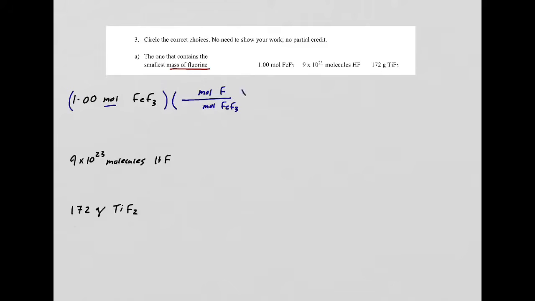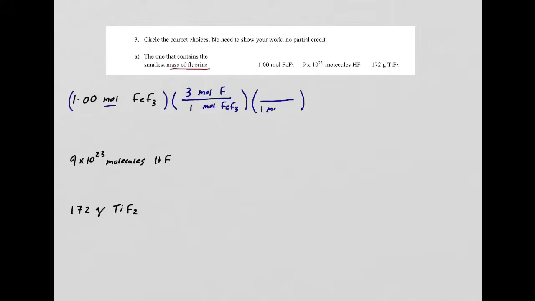All right, so what is my mole ratio here? For 1 mole of FeF3, how many Fe do you have? How many F do you have? You have 3 F. So in 1 mole of FeF3, you have 3 moles of F. So far, so good. Again, you can stop here and compare the moles. That would be the same thing. But I'm actually going to go all the way to grams.